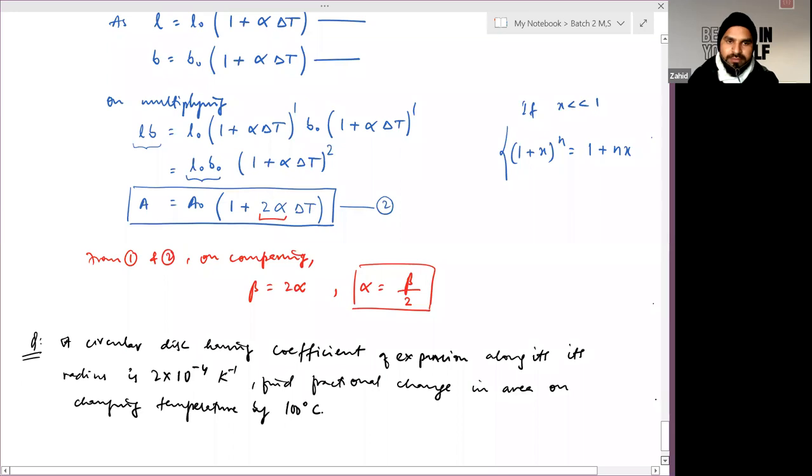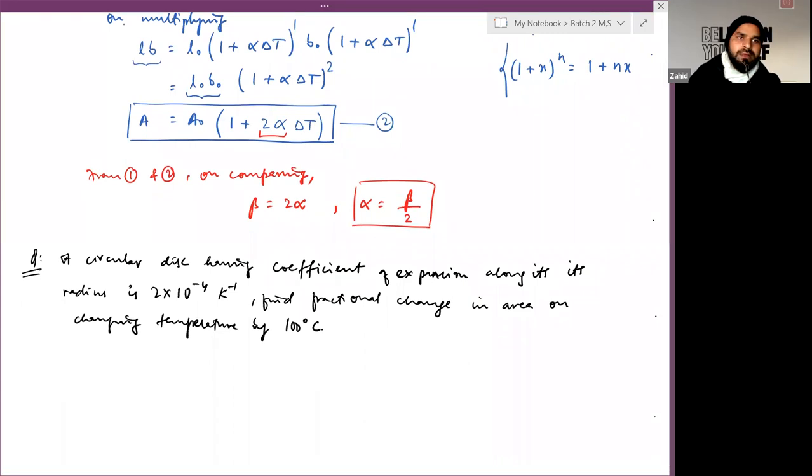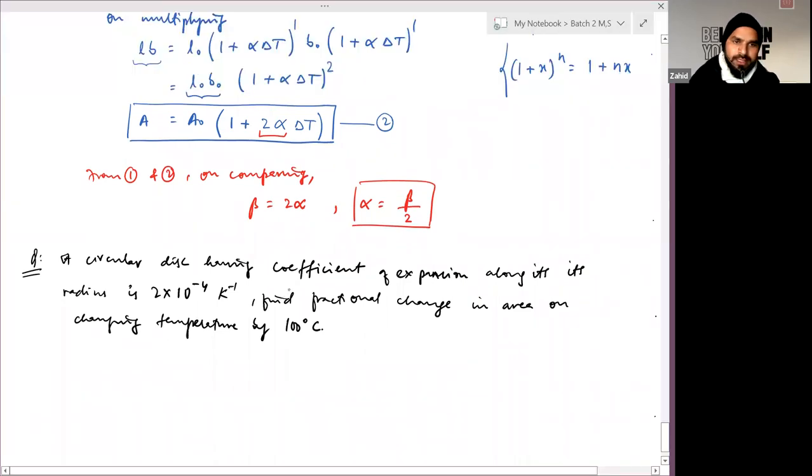Let me define how to solve this part. In this question, we have the coefficient of expansion of radius, and radius will be treated as a one-dimensional quantity. So this particular term, 2 into 10 to the power minus 4, will be nothing but alpha. So alpha equals 2 into 10 to the power minus 4 Kelvin inverse. Now, according to the above relation, we may find beta.